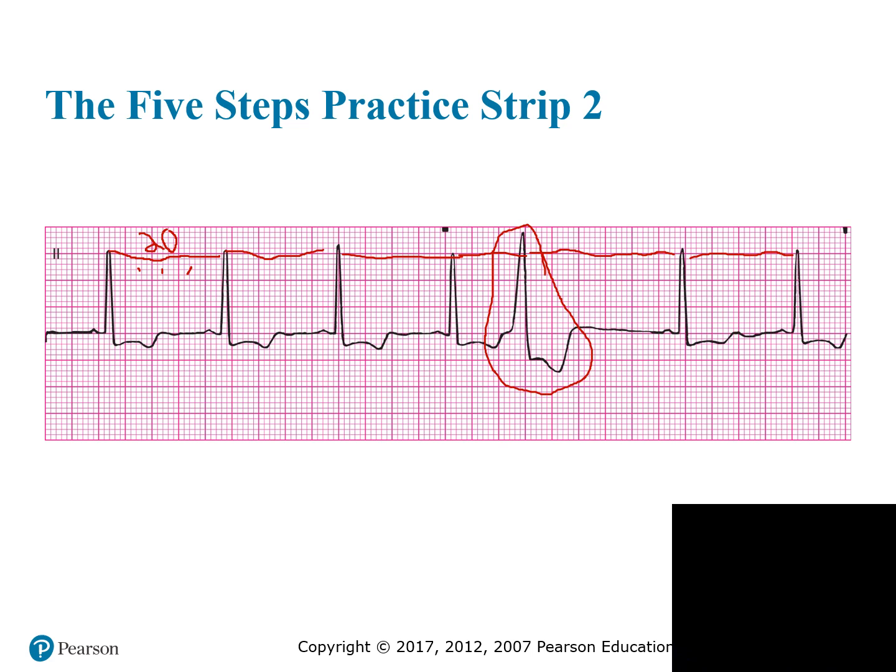Our next one is 5, 10, 15, 20, because our R stops here, and 21. Then this one is 5, 10, 15, 21.